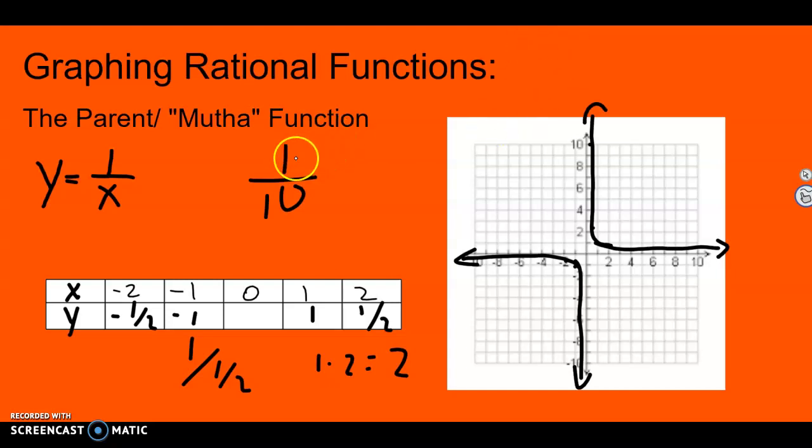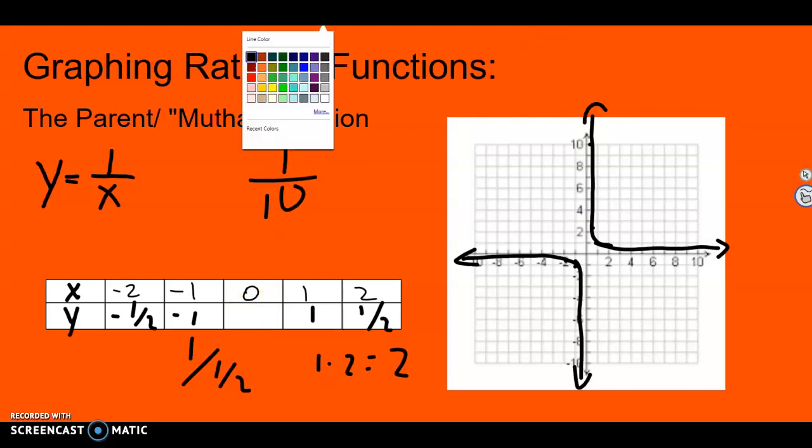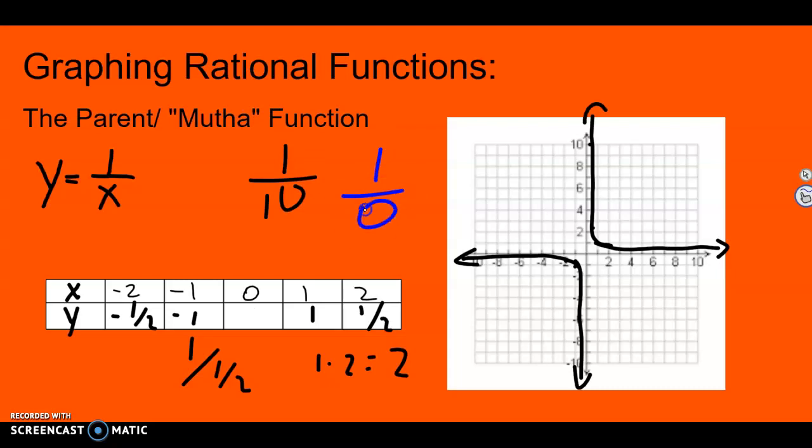So let's talk quickly about this 0 idea. If I plug 0 in for x, I get 1 over 0. And as there are signs in my classroom and all over that we've talked about this, you can never, ever divide by 0. 1 divided by 0 is an undefined value.